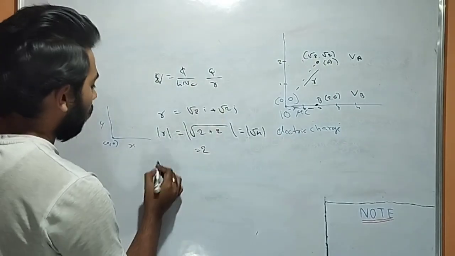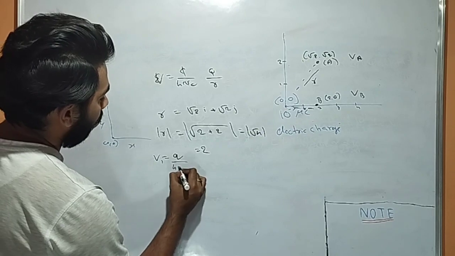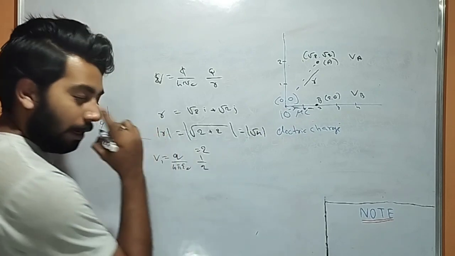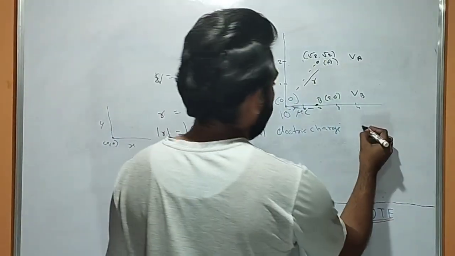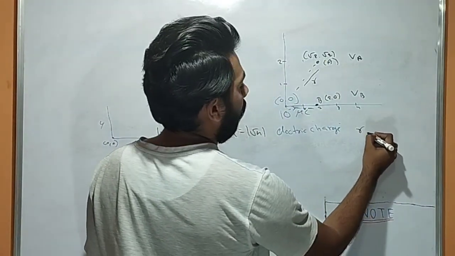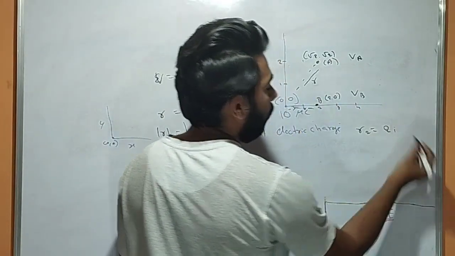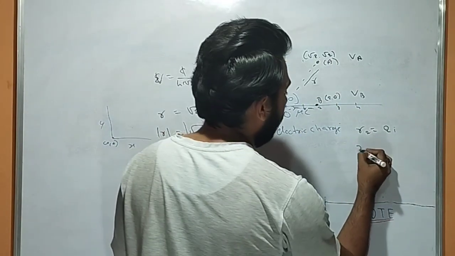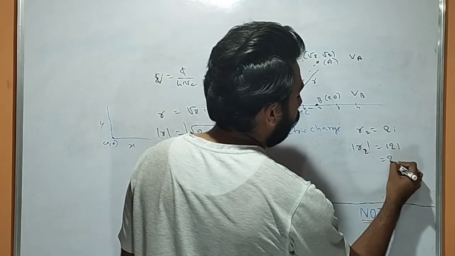When you put this into this, V1 is equal to 1 by 4 pi epsilon naught, Q by 2. Very easy. Now let us similarly find for this. R2 is simply 2i. When you take the magnitude also, it will be 2 only.